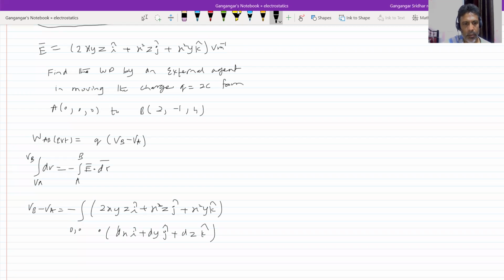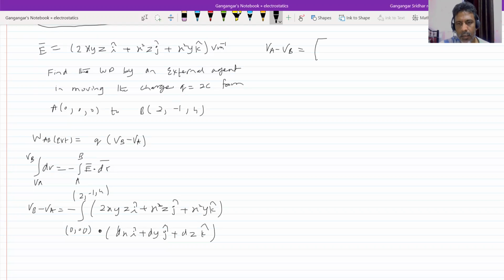So this should be from (0, 0, 0) to (2, -1, 4). So this will be VBA. The negative sign, when you send it to this side, will become VAB.